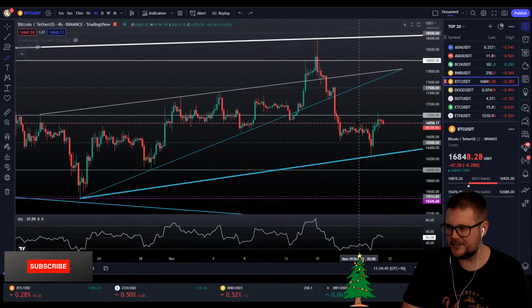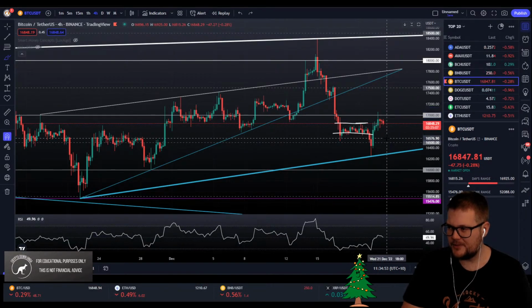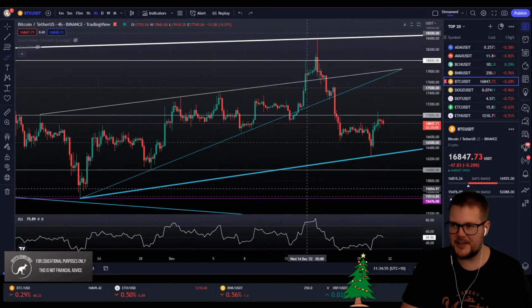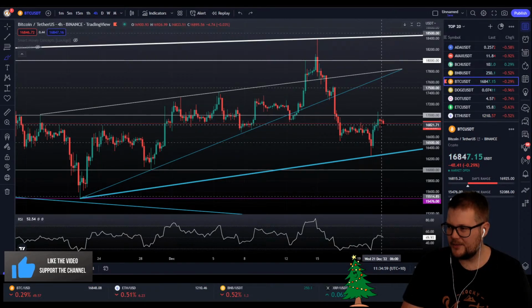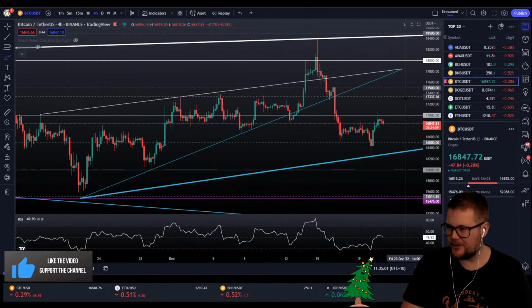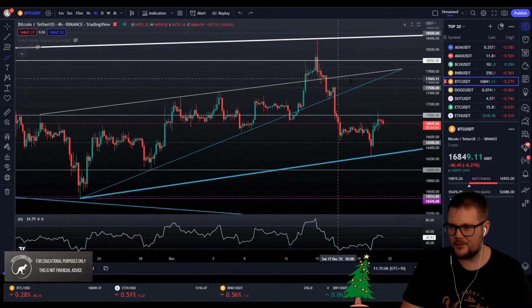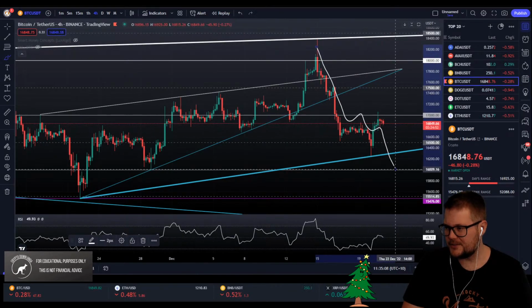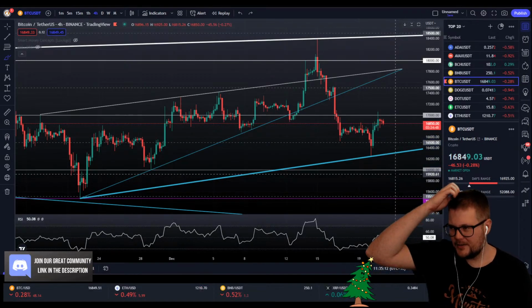This push higher here was interesting because we've got back above that structure there with this push. Came right through it. So yeah, the next few hours are going to be very telling, I reckon, of whether 17 breaks and we go higher, or are we going to continue whatever this downtrend is, right? That's how I see it.